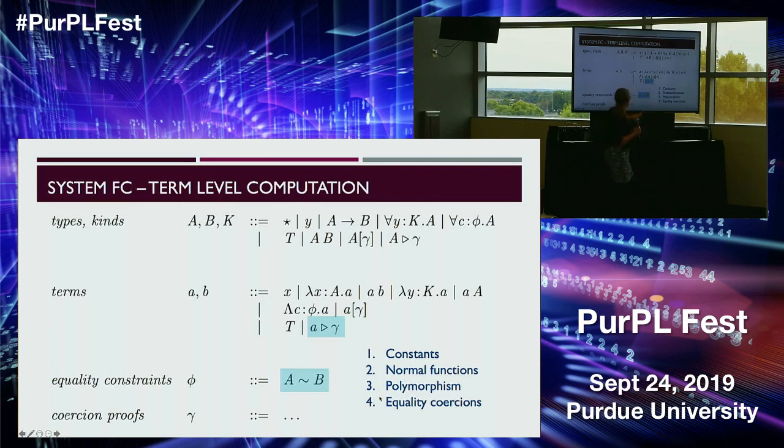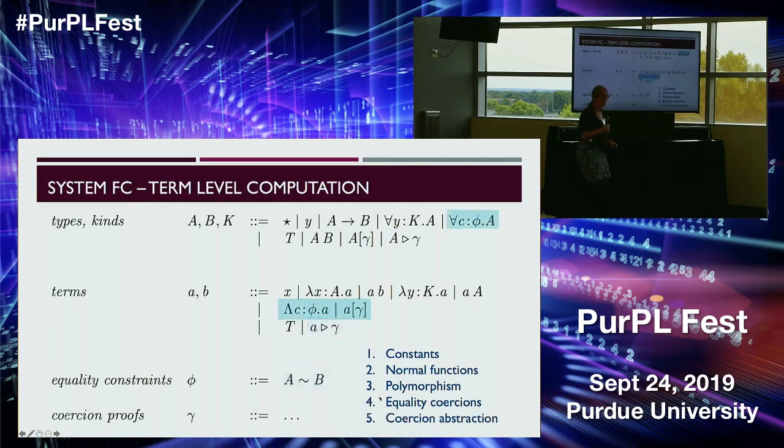This little gamma is a proof that these two types are equal to each other. So anywhere we want to change one type out for an equivalent one, we have to mark that in our source code. That makes type checking very trivial in this language, which is good for the compiler.